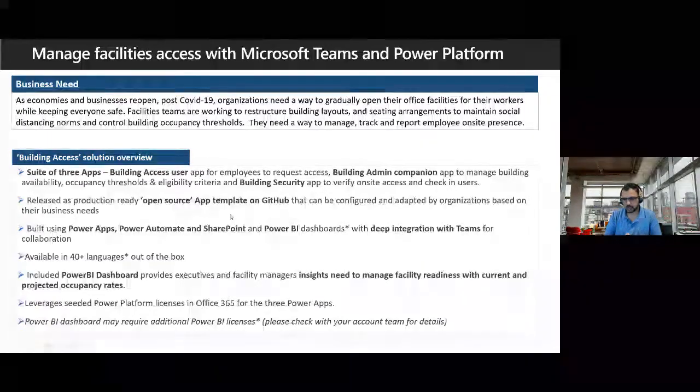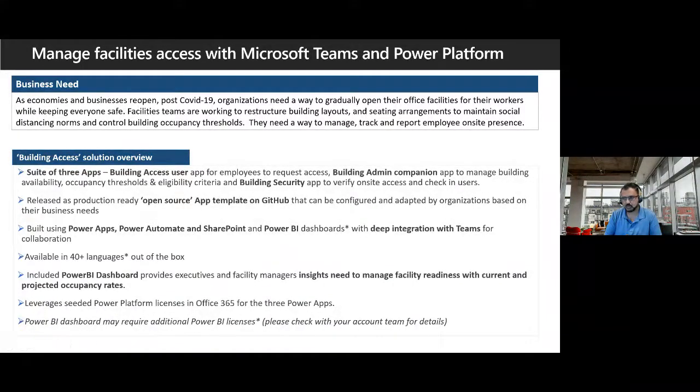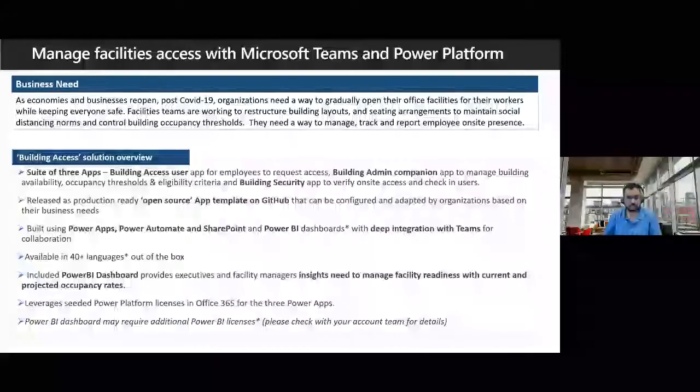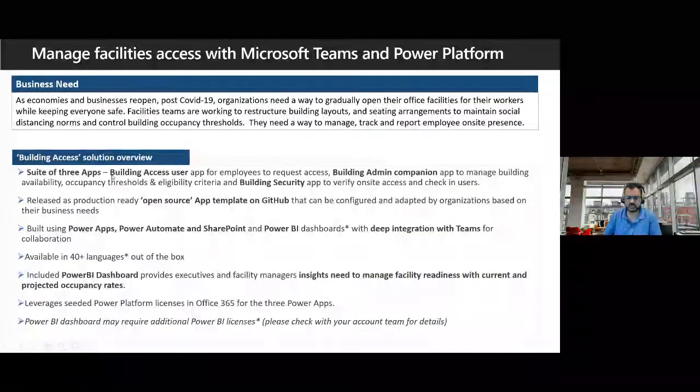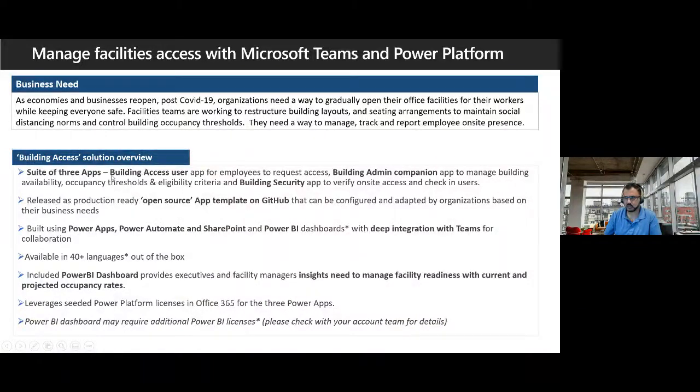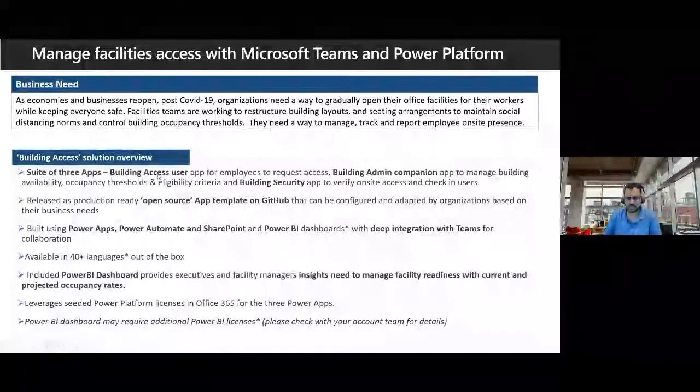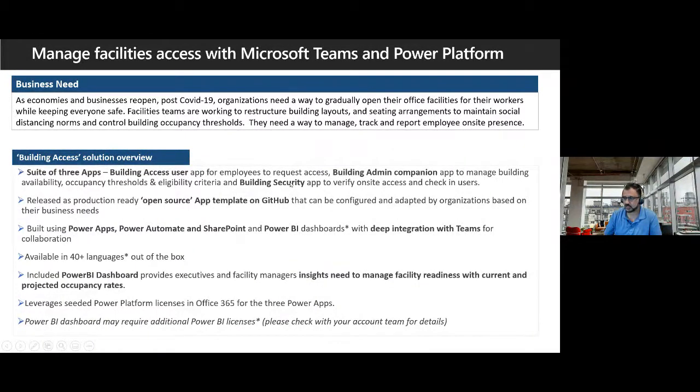And this solution is, again, a point solution built on Power Platform. It is a suite of 3 apps, and I'll show you all 3 today, time permitting. The key one is the building access end user app, and we'll spend a lot of time in there. That's essentially the app you use to request the access. The building admin companion app.